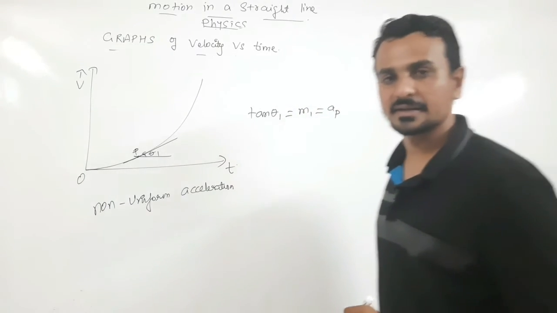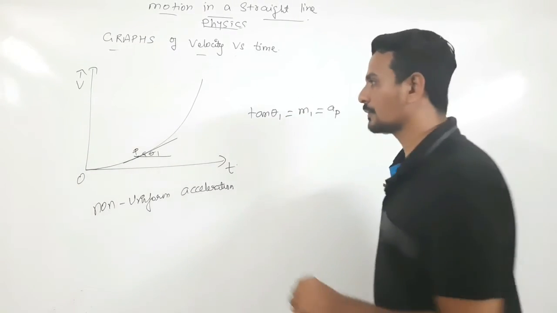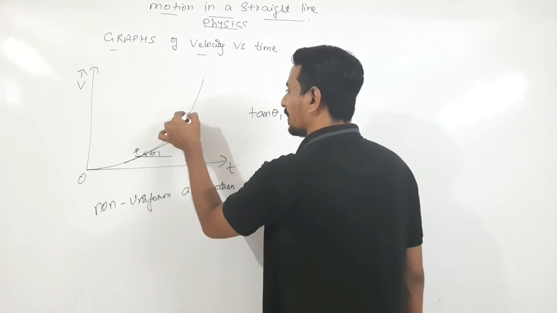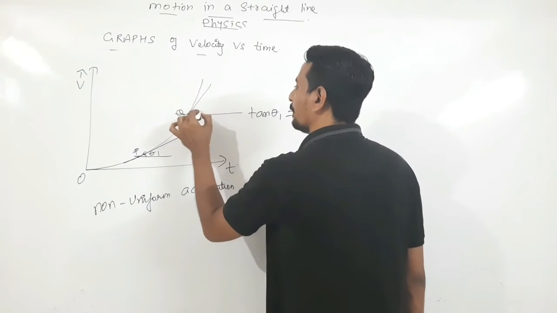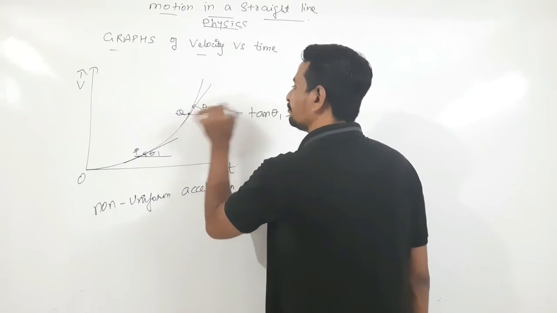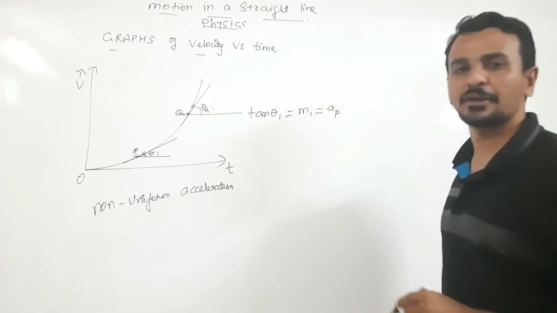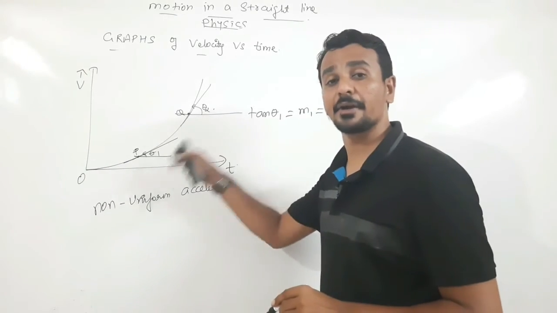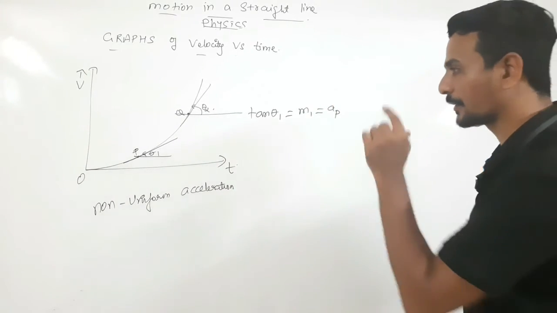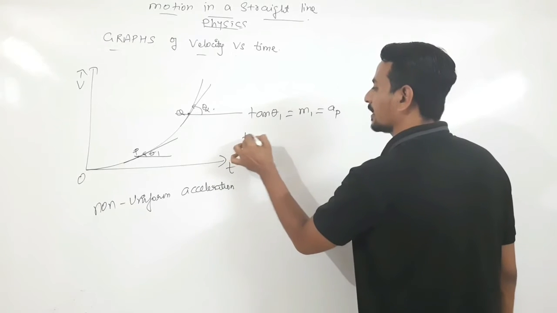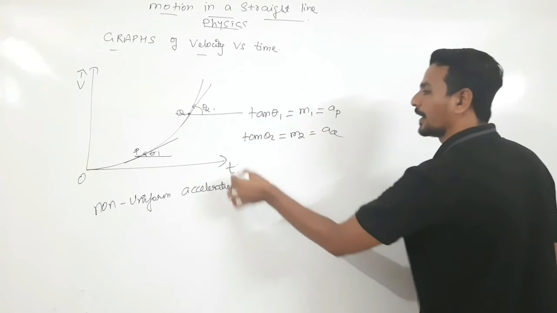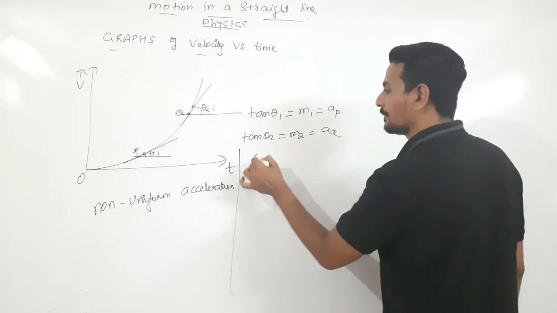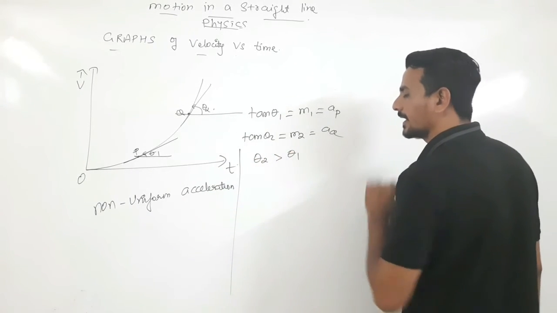Right? Now acceleration is not remaining constant, so if you are asked to find the acceleration at any other point Q, again draw a tangent, again take the slope, and the slope of the tangent will give me the value of acceleration at that particular point. So at point Q, tan theta 2 equals m2 equals acceleration at point Q. You can see from the diagram theta 2 is clearly greater than theta 1.